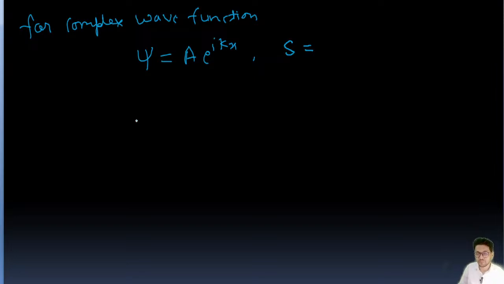When I was explaining probability current density in the last lecture, the class was automatically ended. So for understanding step potential, I would request you to please watch my previous lecture. Then you will be able to understand. S, the probability current density, is h cut k upon m mod A square.